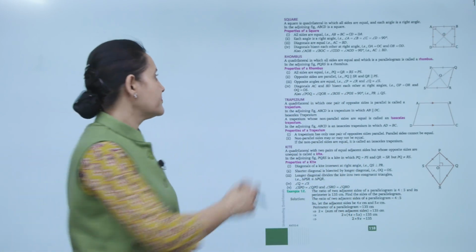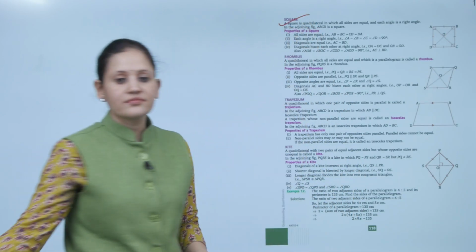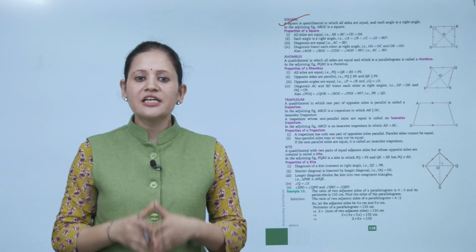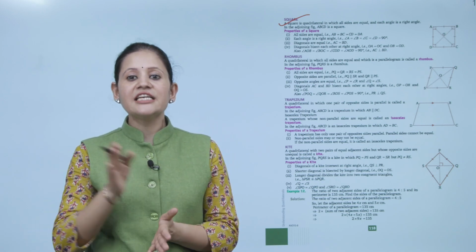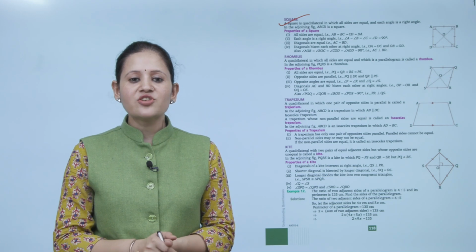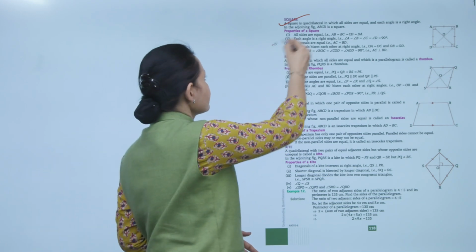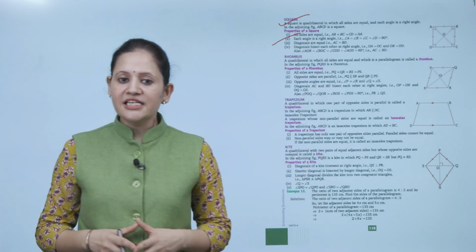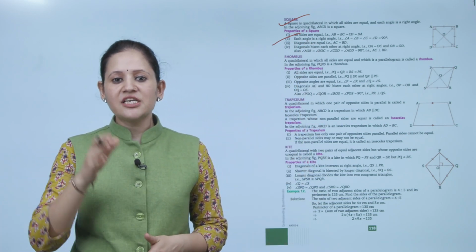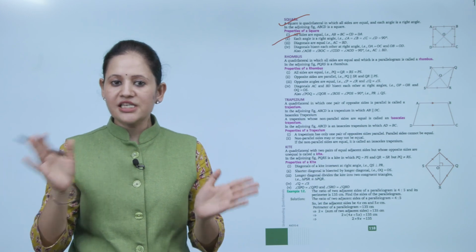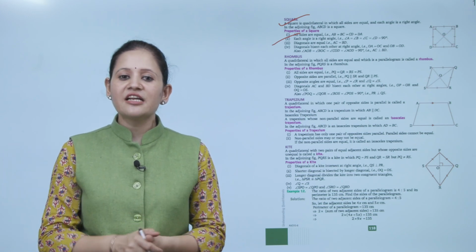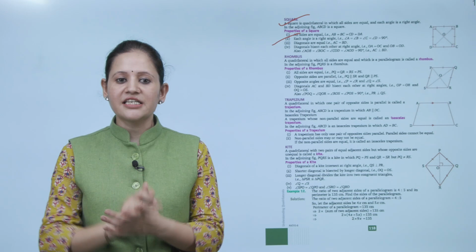Next is the square. A square is a quadrilateral in which all sides are equal and each angle is a right angle. In the adjoining figure, ABCD is a square. Properties of a square: all sides are equal, AB equals BC equals CD equals DA. Each angle is a right angle, meaning angles A, B, C, D are 90 degrees.